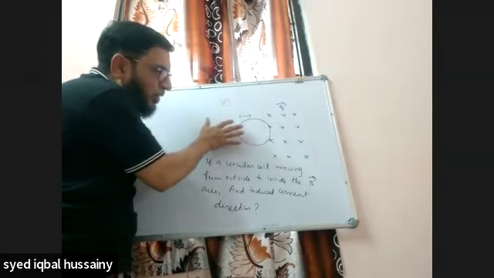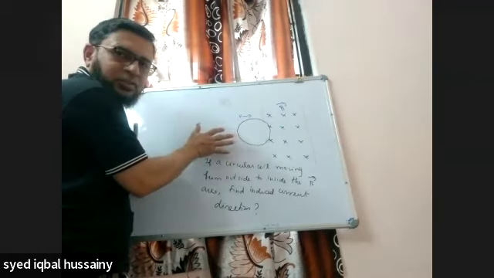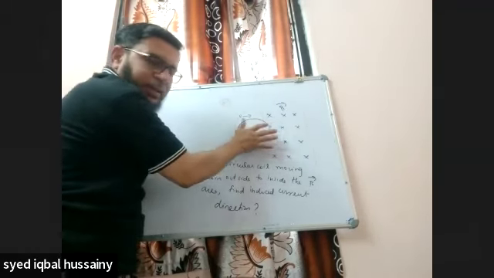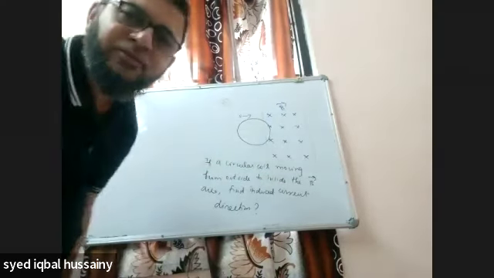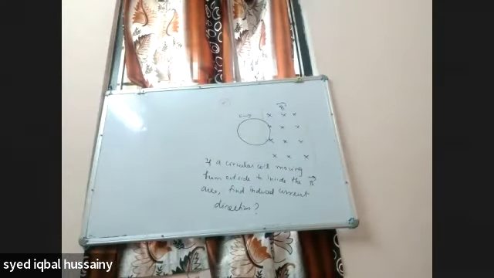Now I am making a movement, and the circle is going from outside to inside, entering the magnetic field. Now you tell me, in which direction does the induced current flow? Yes, speak quickly.